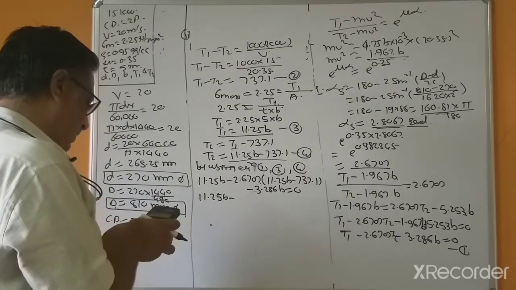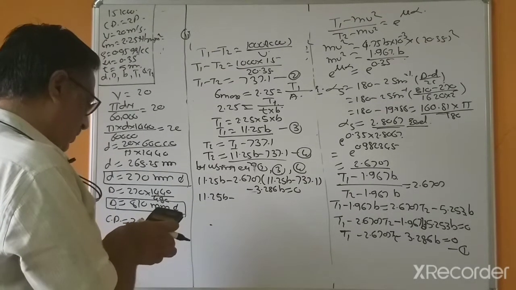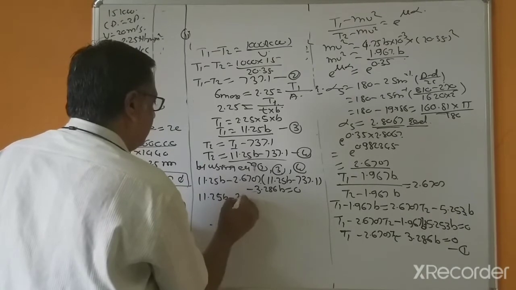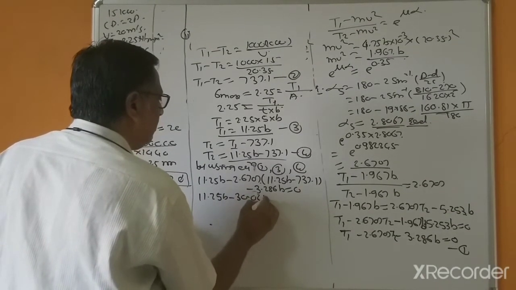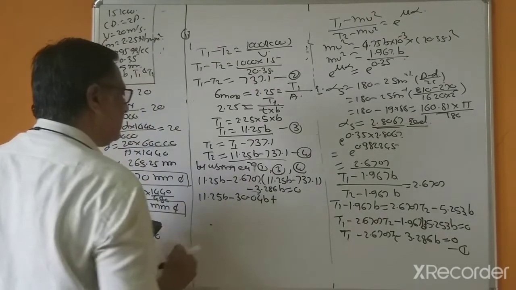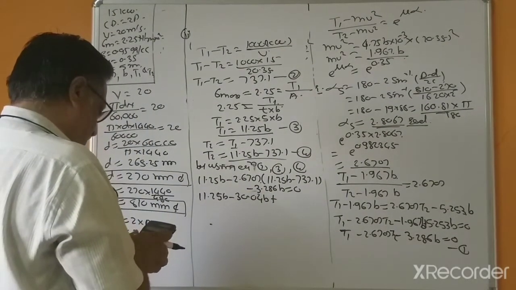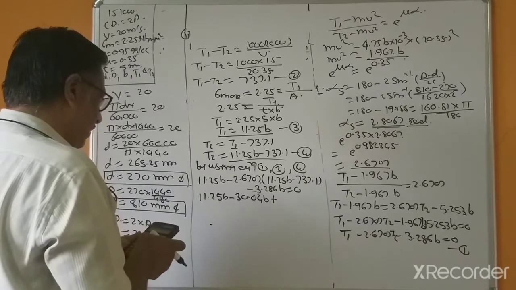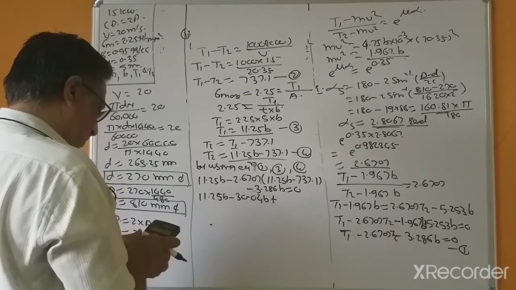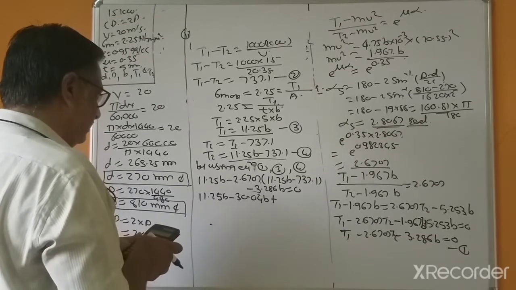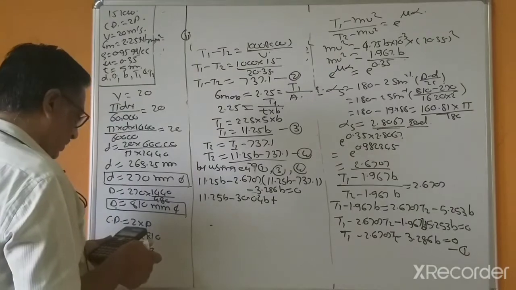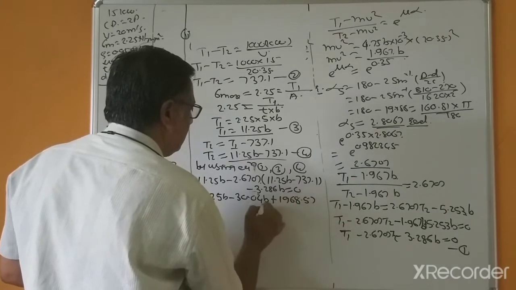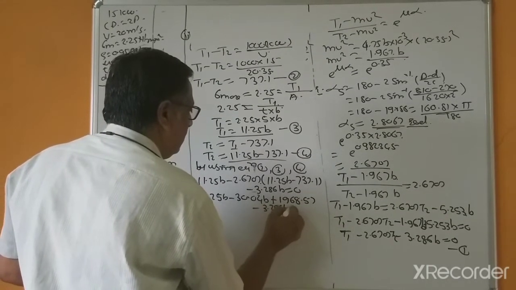This is 11.25 multiplied by 2.6707, which is 30.04 B, minus this becomes plus 2.6707 multiplied by 737.1, which is 1968.57, equals 0.